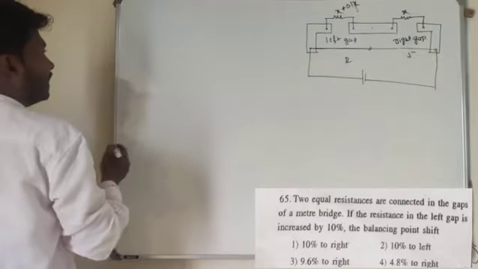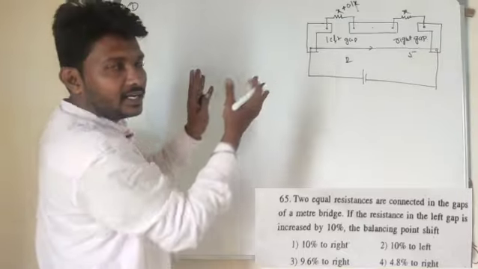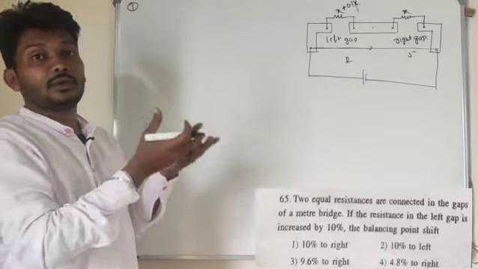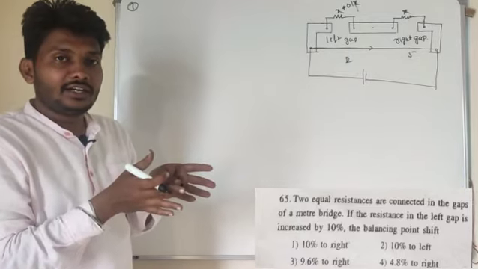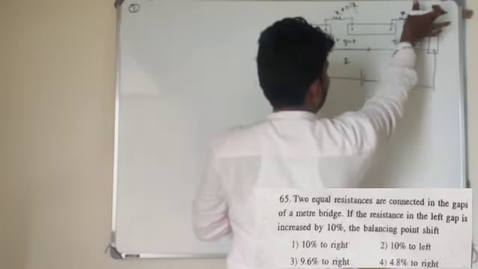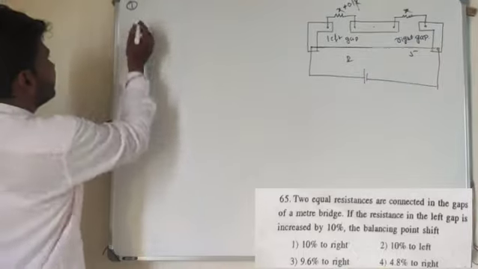Now initially in the first case, on the left and right side, if the resistances are the same, what's the balancing length here? That is at the middle I will get it here. Did you get my point? Left side and right side. So if you connect the same resistance, balancing length will be 50 centimeter.